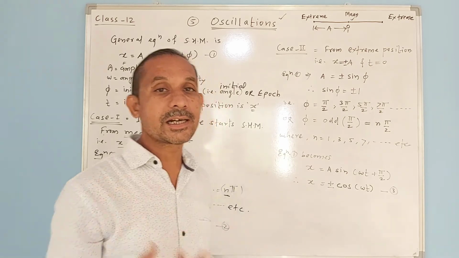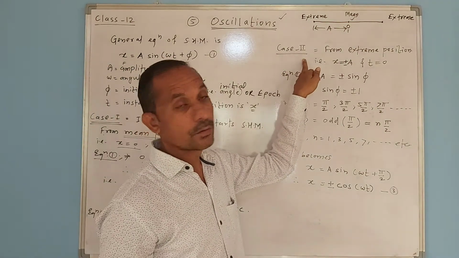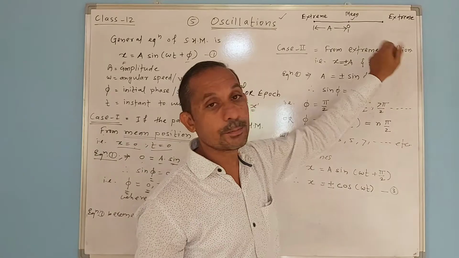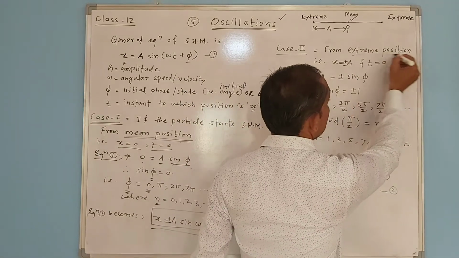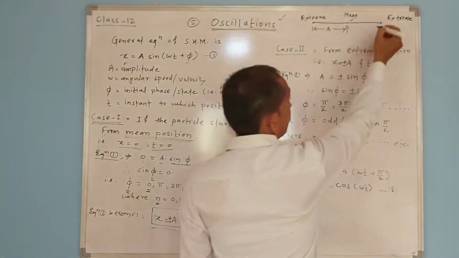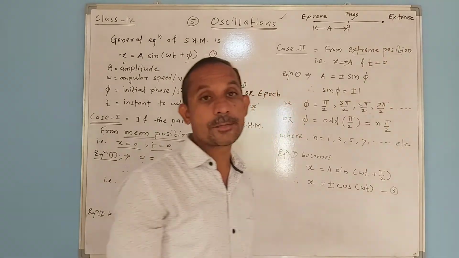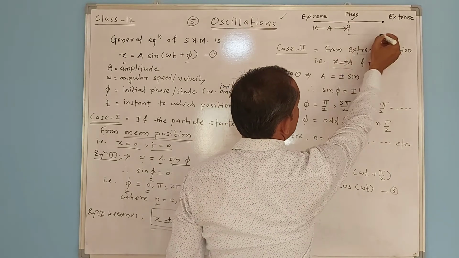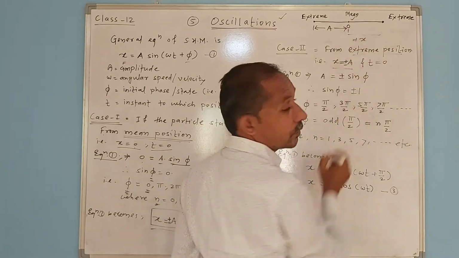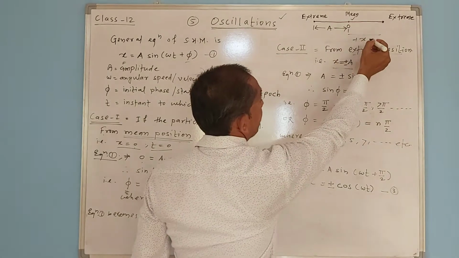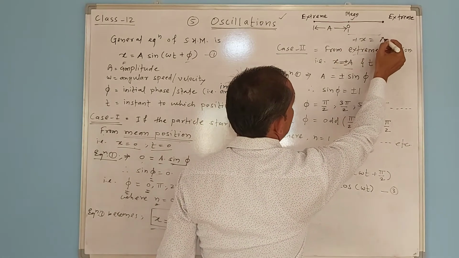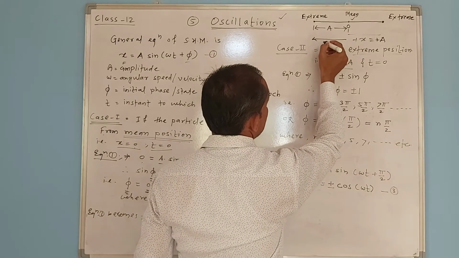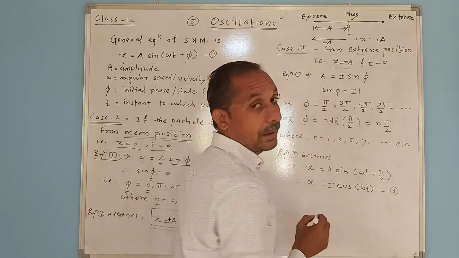So let's see the second case. Case 2, when the particle starts its motion from the extreme position. At extreme position, the displacement may be positive, plus a, and at this side it is negative, that means minus a.